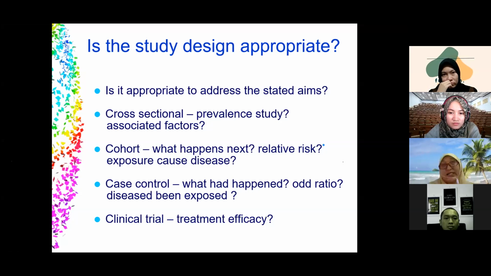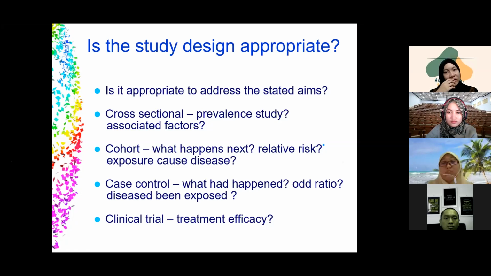Kalau studinya, objektifnya tadi sudah jelas ya. So objektifnya to look into prevalence of a disease ataupun what are the possible associated factors of the disease. Disease-nya COVID-19. Apakah faktor yang mempengaruhi atau berhubung dengan untuk mendapat COVID-19? What are the factors?